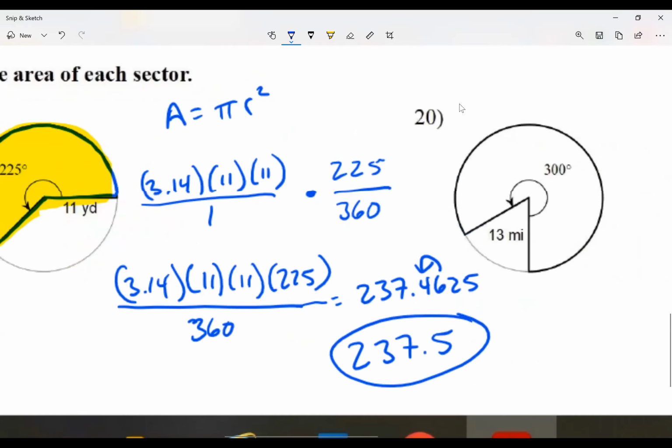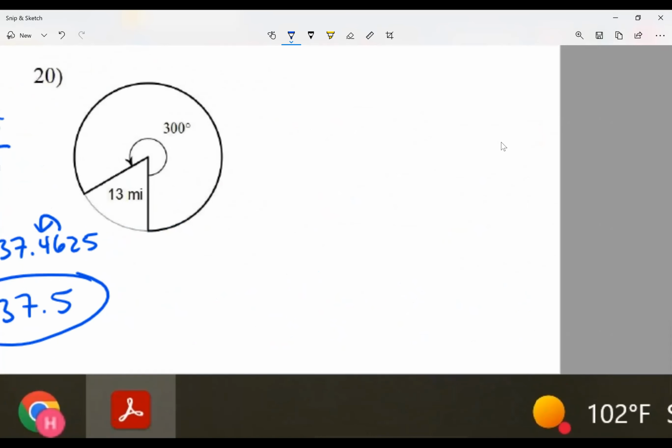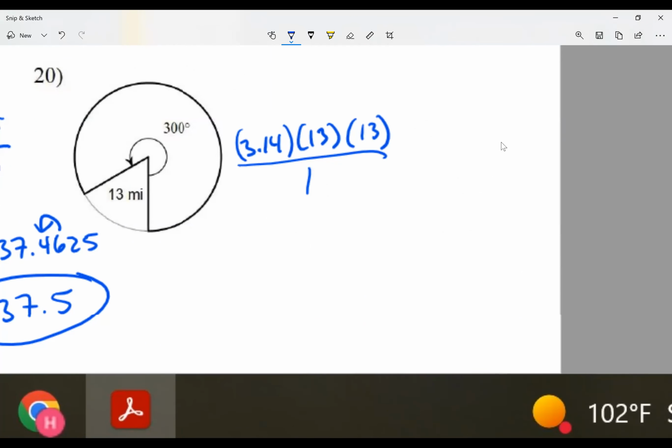All right, let's take a look at question number 20. If I wanted to know the area of the whole circle, I will go 3.14 times 13 times 13. Pi radius squared. Guys, the radius is 13. Over 1, because I'm going to make this into a fraction. That's the area of the whole circle. Now I'm going to multiply this by how much of the circle I have.